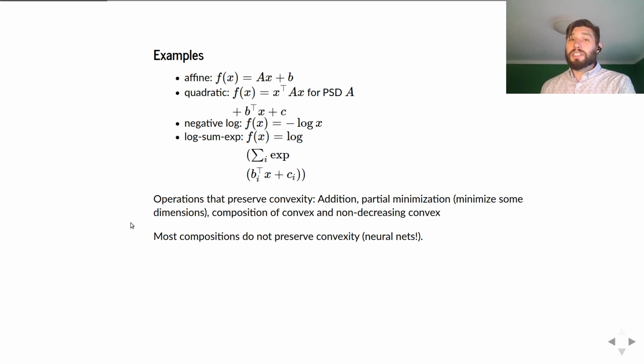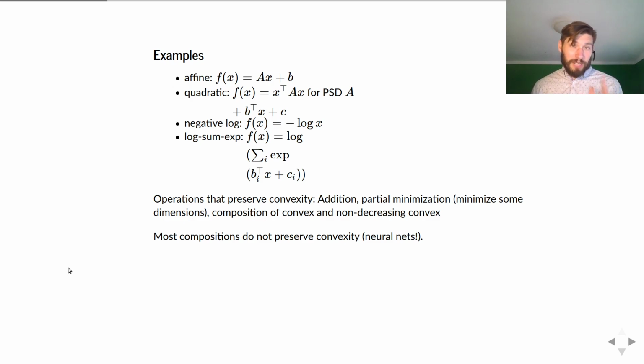There are a lot of operations that preserve convexity, things like addition and partial minimization. If you have a function in multiple dimensions and you minimize over one or some of those dimensions, and keep the other ones fixed, then the resulting function is also convex. Then composition of convex and non-decreasing convex functions. This is very important: you have to have the outer convex function be non-decreasing for the composition to be convex.